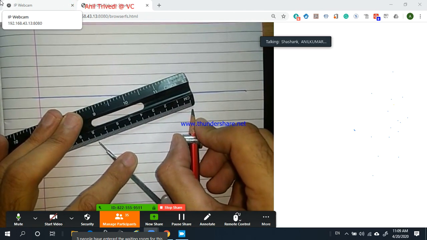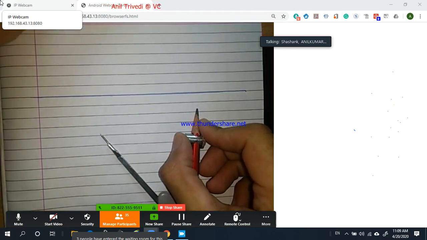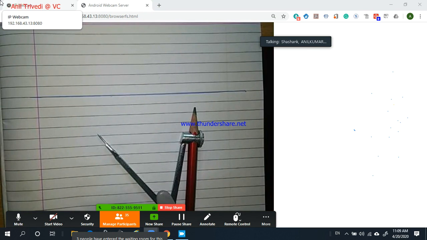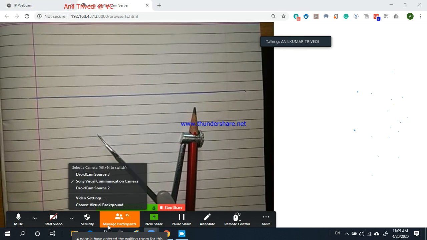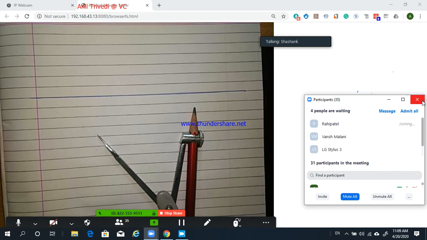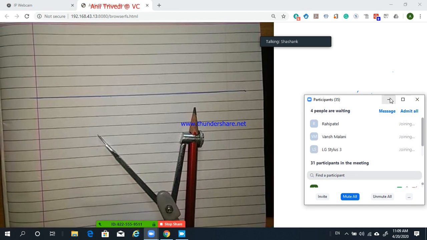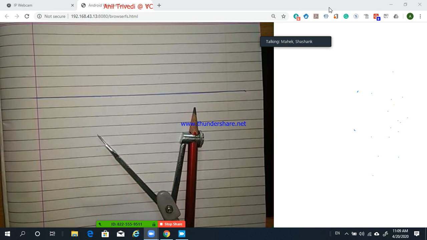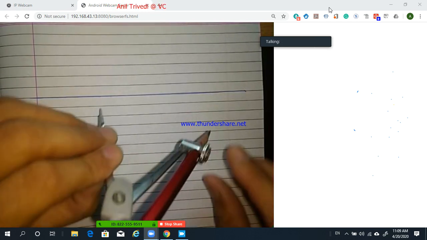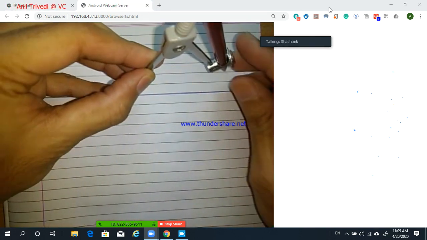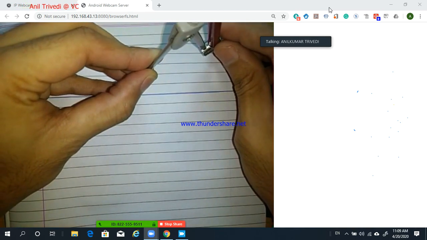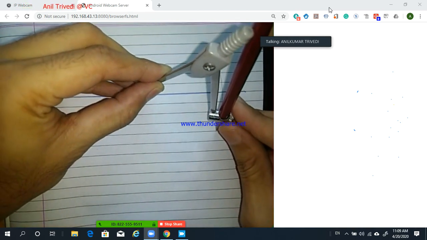Is it 8 centimeters now? Next step is to draw 4 lines above and 4 lines below.